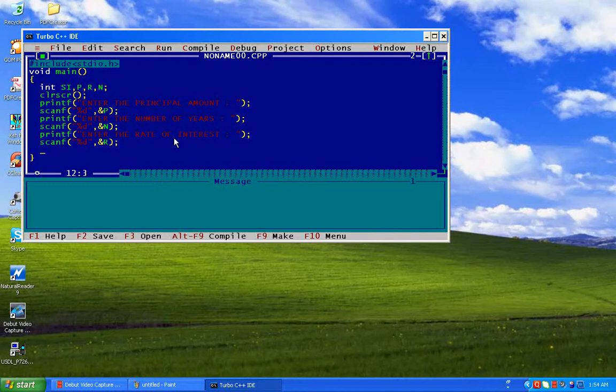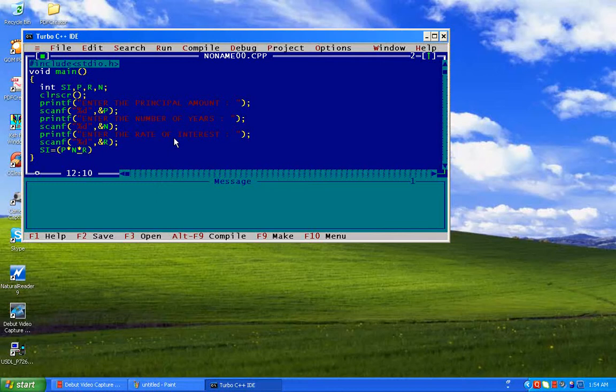Now let's compile. Before compiling we'll save it by the name simpleinterest.c. It has 0 errors, 0 warnings.